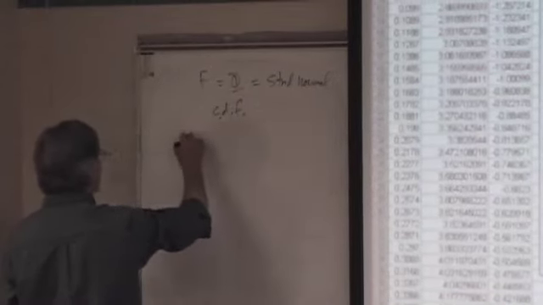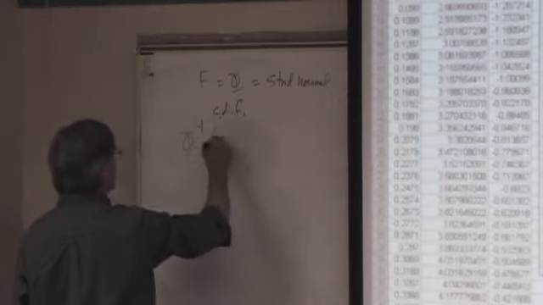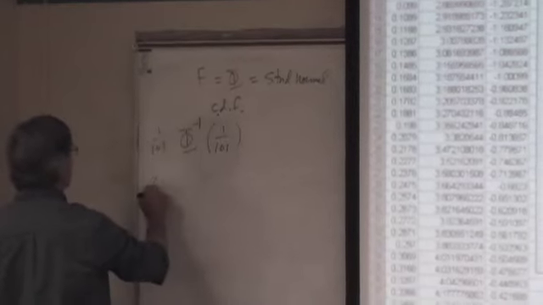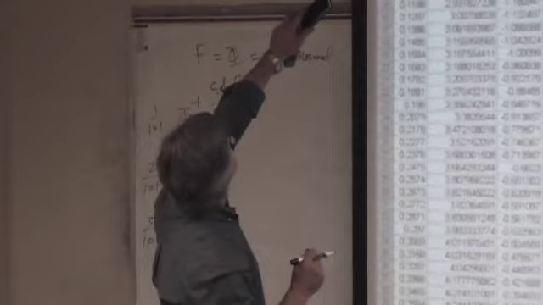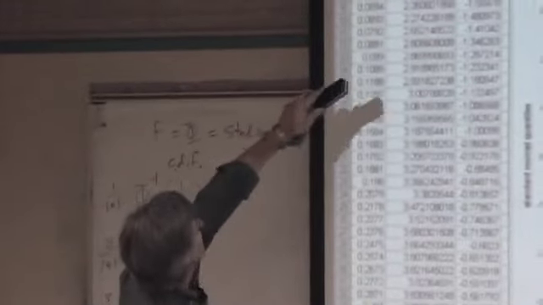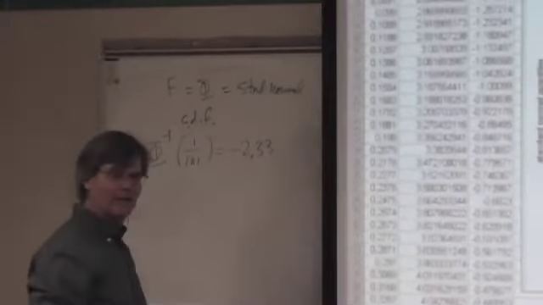You just take phi inverse of 1 over 101. I have 1 over 101, 2 over 101, 3 over 101, etc., up to 100 over 101, as the fractions or percentages. The percentile will be phi inverse of 1 over 101 is 0.0099. Excuse me, that's not correct. It's minus 2.33.